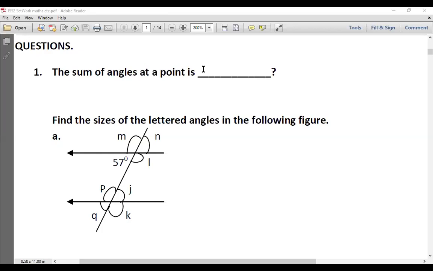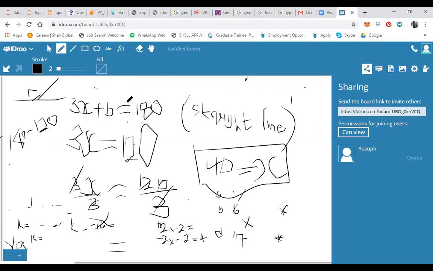And the reason why it is not 180 is because... I'm sharing another screen with you. Okay? Yeah. Just be patient. Let me turn off. Okay.